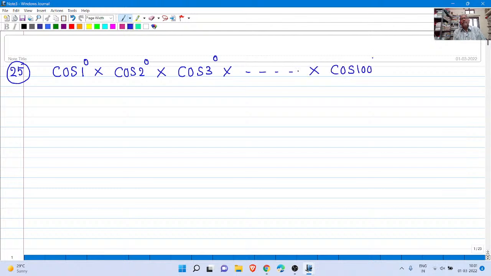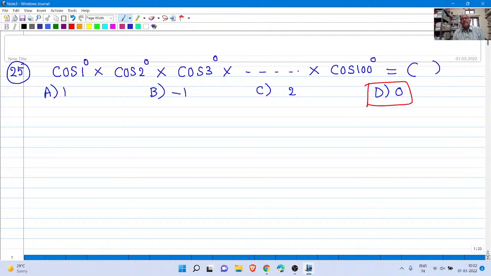It's a very logical question. See, my dear students, if you write cos 1, cos 2, cos 3 and so on, cos 90 into cos 100 also we will get. So cos 90 is 0. 0 into something is 0. So our answer is 0 only.